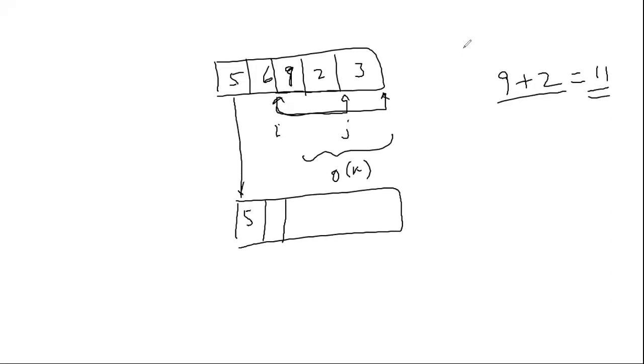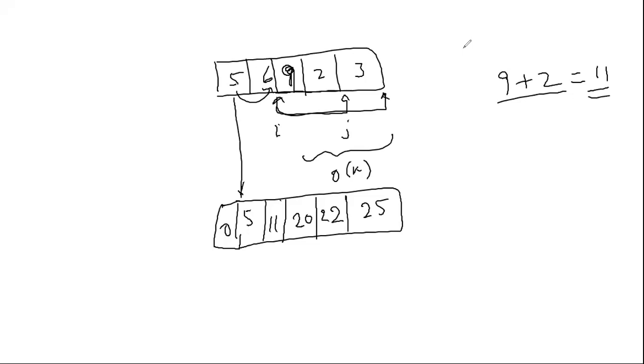So 5, then 5 plus 6 is 11, so we fill 11 here. Next, this was 9, so this is 20. Next is 2, so 20 plus 2 is 22. And then 25. You can have a 0 for implementation purposes, but that's beyond the scope.